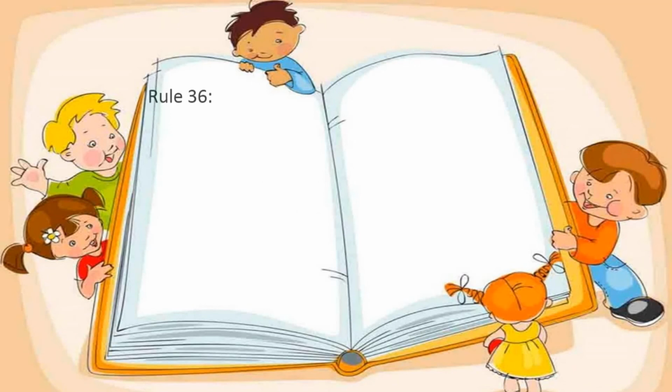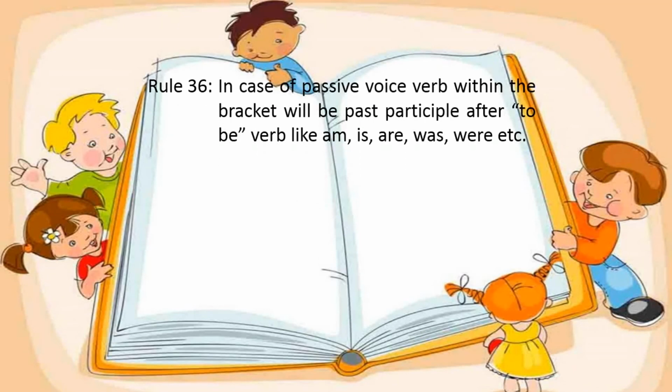Okay, so the next rule. In case of passive voice, the verb within the bracket will be past participle after a to be verb like am, is, was, were, etc. Let's have the examples.